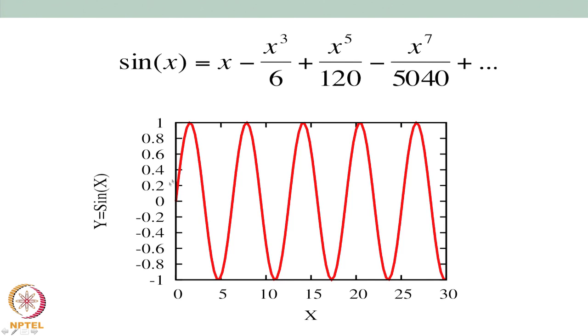So when x is 0, the function is 0, and then it increases, it reaches a maximum value of 1, then it decreases to a minimum value of minus 1, then it increases, reaches 0, then a maximum value of plus 1, then it decreases, so it oscillates between minus 1 and plus 1. So sin x is a function that would oscillate between minus 1 and plus 1.